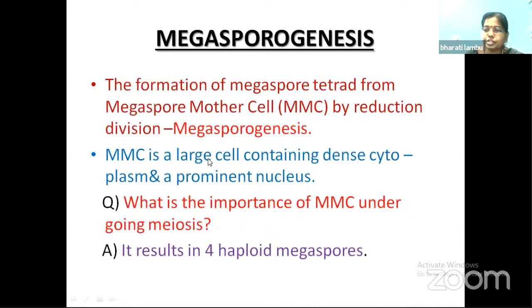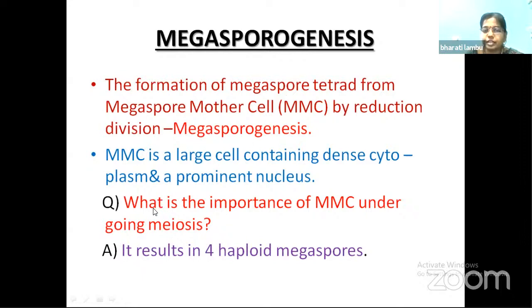From the nucellus tissue, one cell near the hypodermis, that is, near the micropyle, will enlarge to form the megaspore mother cell. This will later form the linear megaspore tetrad. That means they are formed in a line. We'll learn about that now.